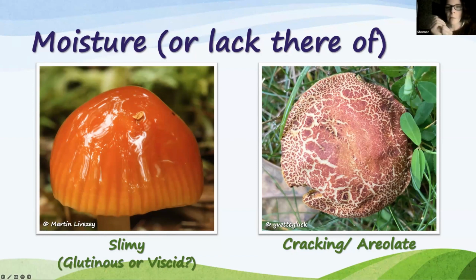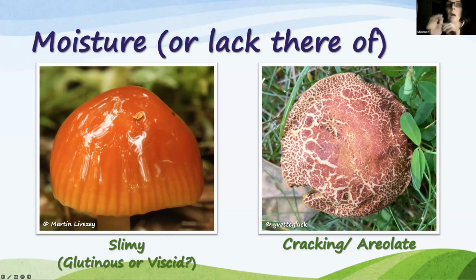Technically, a viscid surface is a surface that has a thin layer of mucus, while a surface that's considered glutinous has a thick layer of mucus. How you determine what's thick and thin, that's a great question. It's above my pay grade. Maybe somebody else out there can answer it.